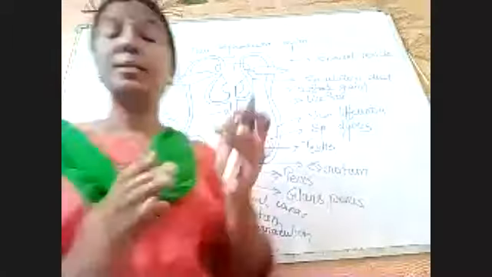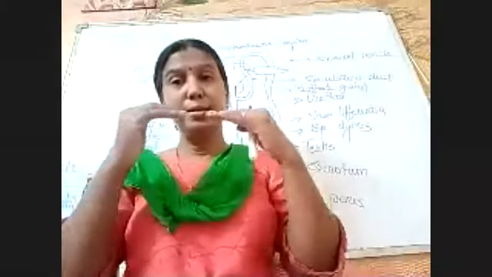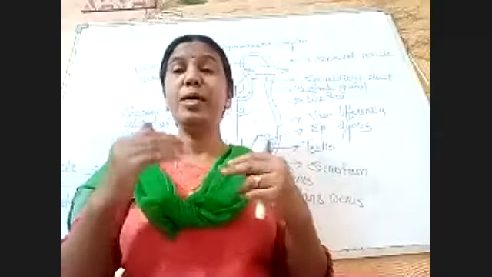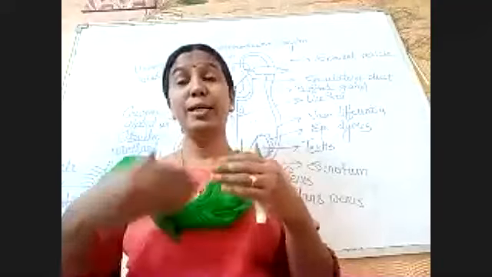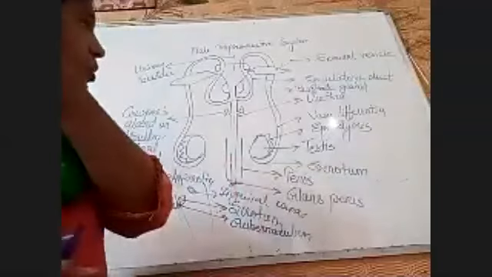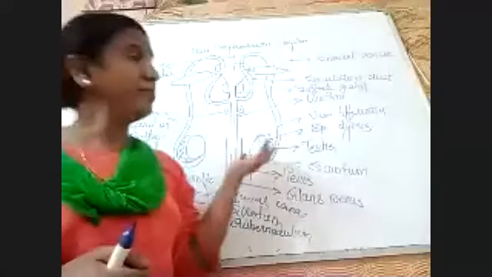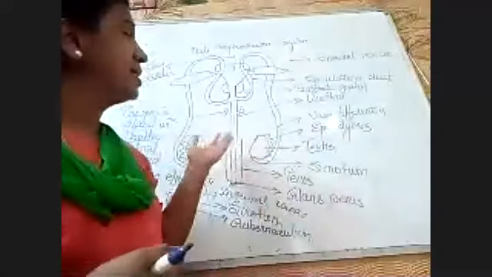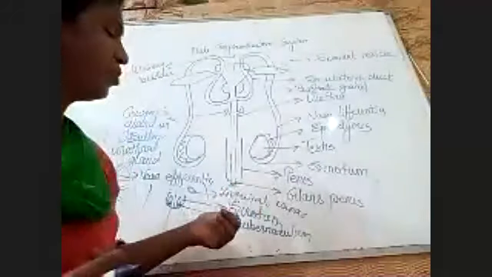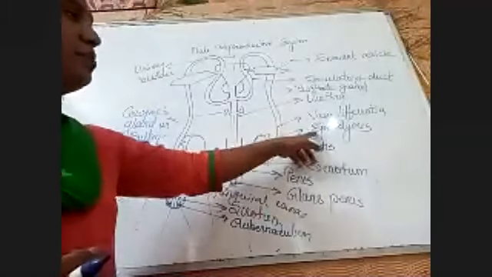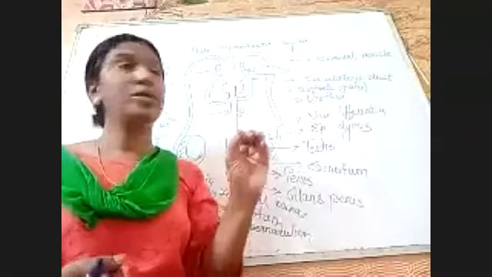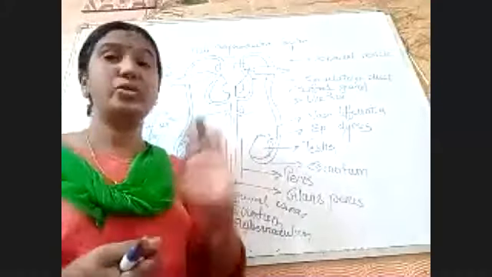As it ascends upward, on the inner side it has ciliated epithelium so that the sperms will be pushed upward. So what is the function of the vas deferens? It will carry sperm from the epididymis to the ejaculatory duct.